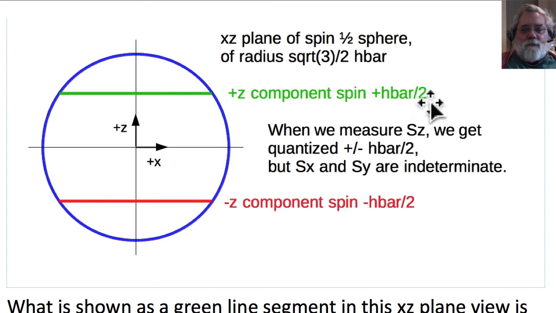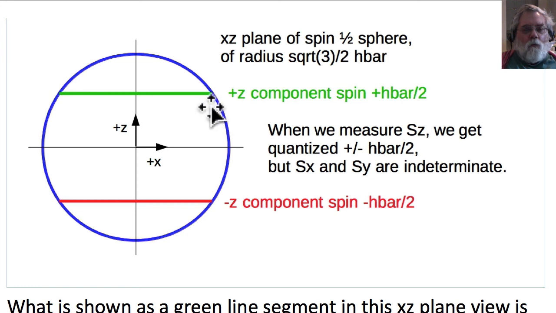If we measure S sub z and got plus h bar over 2, that would be this green horizontal bar. But it's not actually a bar. We're just showing this in a plane. What it really is, is the intersection of the plane z equals h bar over 2 with the blue sphere. So it's a green circle in the plane perpendicular to the plane we're looking at.